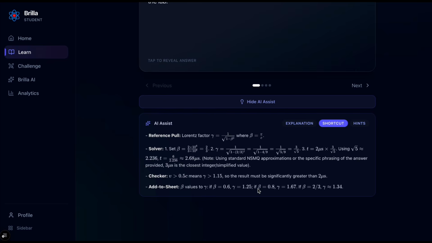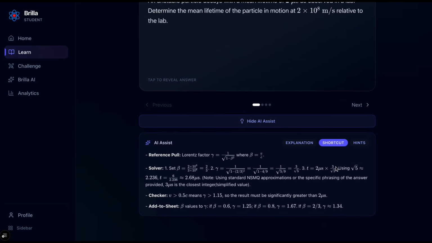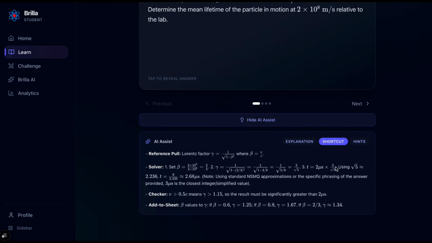And if you memorize all these for a set of beta, let's say 0.6, 0.5 or whatever, the common ones that appear, and here it's telling you which ones are common, you can immediately approximate the Lorentz factor without solving. That's how you solve really fast.